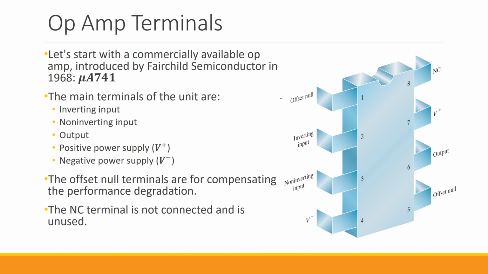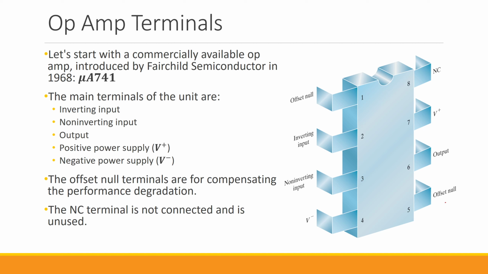The figure to the right, which looks like an 8-legged centipede, is the general depiction of an op-amp. As you can see, we have 8 legs or 8 inputs. The first one we call the offset null. Then we have the inverting input, then the non-inverting input, then the V subscript negative or the negative power supply.